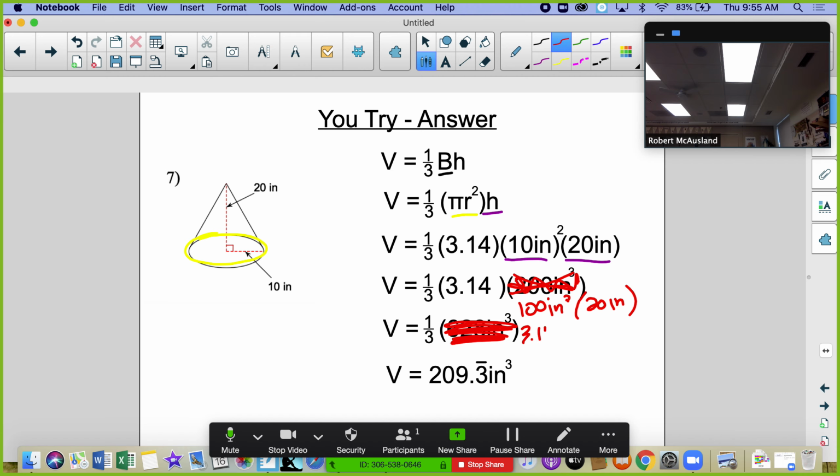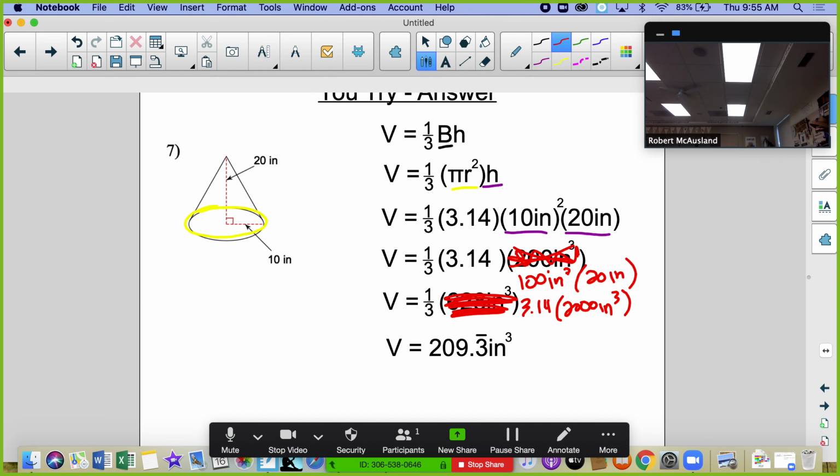So we have 3.14 times 2,000 inches cubed. And then we're going to take 3.14 and multiply that by 2,000, which gives us 6,280 inches cubed.